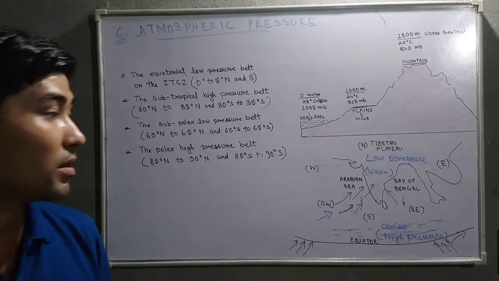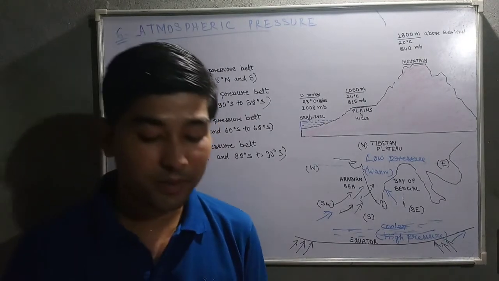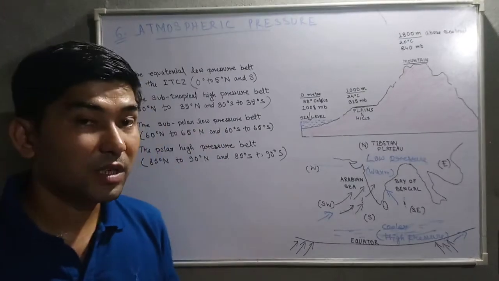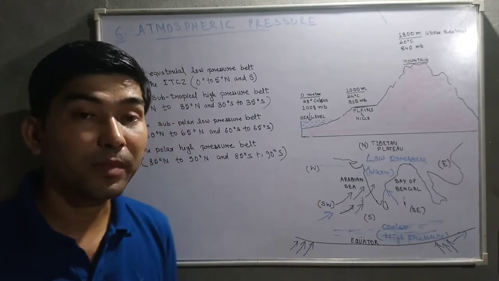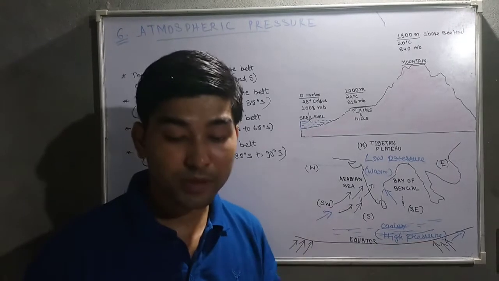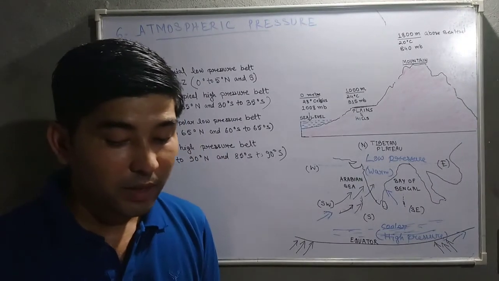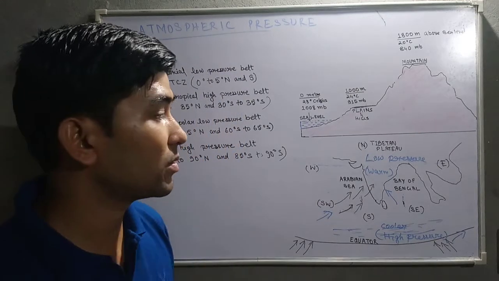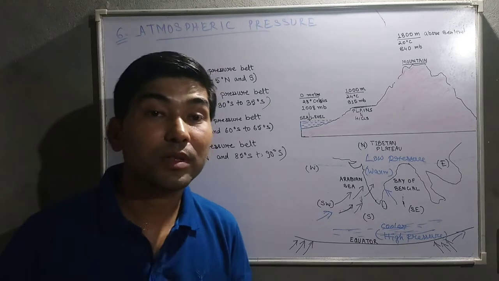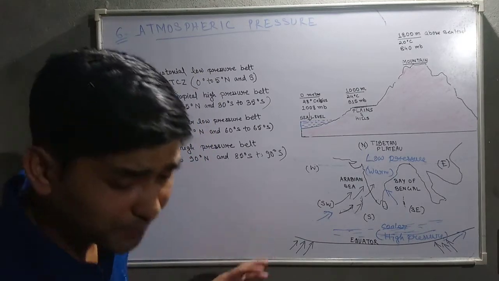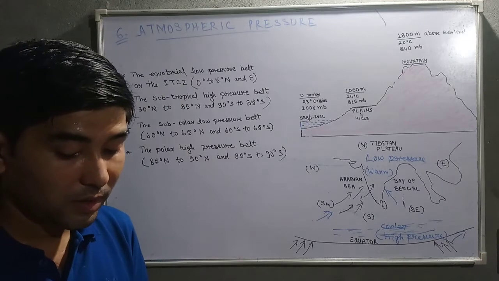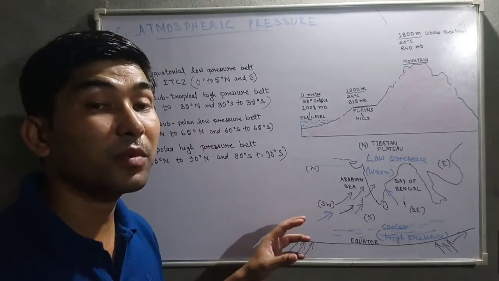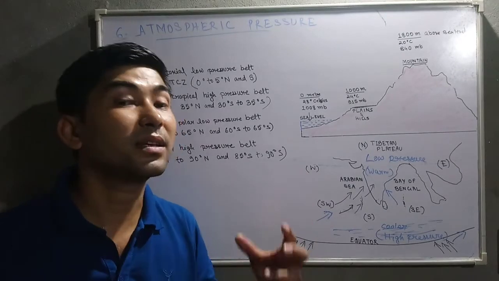Land and sea breeze. I hope you all understand what land and sea breeze is. During daytime, wind blows from sea to land, and at night the land breeze enters the sea. You can easily understand this through sea and land. During daytime, the land gets heated faster and the ocean or sea doesn't get heated as much, so high pressure prevails over the sea.